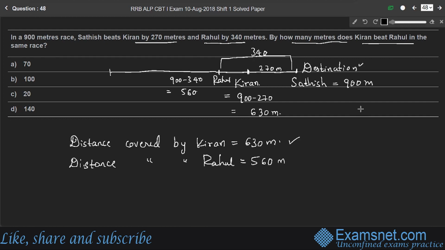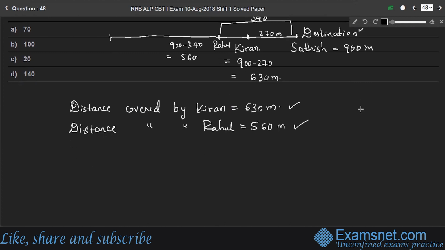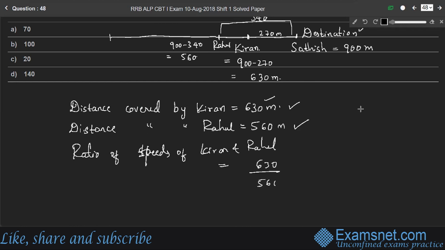So let us consider Kiran and Rahul's speed, right? So before going to the distance covered by them, the ratio of their speeds, or the ratio of speeds of Kiran and Rahul. Right? So if Kiran can cover 630 meters, Rahul can cover 560 meters, right?